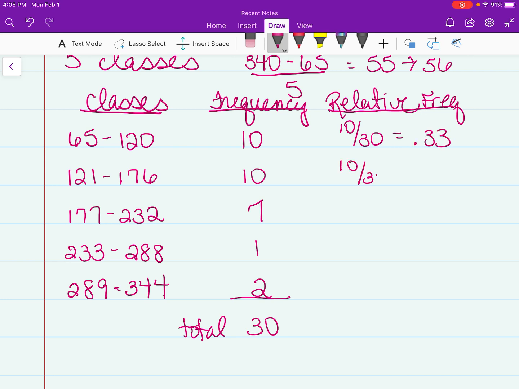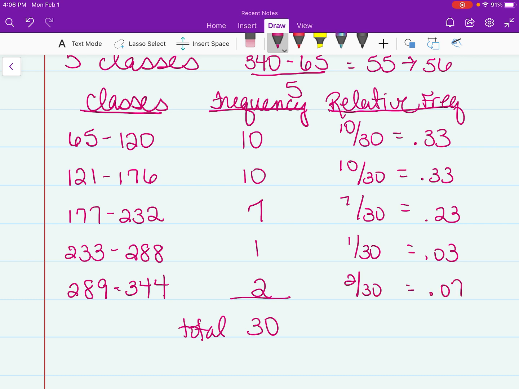Same thing here, 0.33. Then 7 divided by 30 is 0.23. 1 divided by 30 is 0.03. And you can leave these in fraction form or decimal form. And then 2 divided by 30 is 0.07.